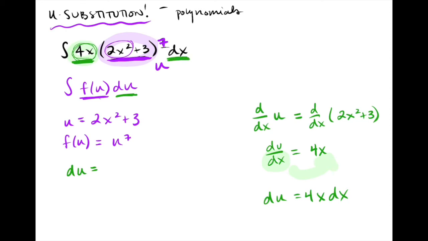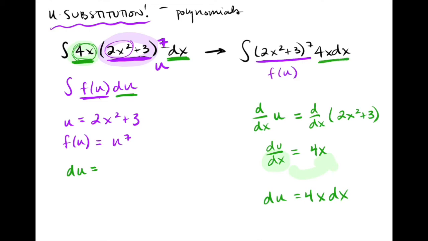And lucky for me, I have a 4x in my original function and a dx in my original function. So if I rewrite this function as the integral of (2x squared plus 3) to the 7th times 4x dx, so I just moved my 4x from one side to the other, I can see really clearly that this whole thing is f of u, and this whole thing is du, because of what I found down here. So all of my puzzle pieces have been located.